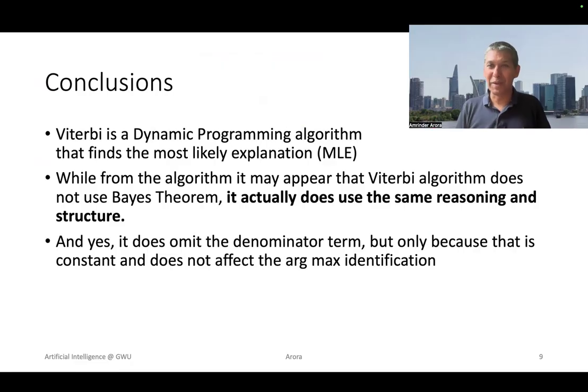I don't want Bayes to be offended that we're not using the Bayes theorem. We very much are. You're very much using the same structure. The Viterbi algorithm is just an efficient algorithm, drops the term that does not affect it, and is able to do its calculation. As you saw in the previous video, it does it in n k squared time, building an array of size n by k here.